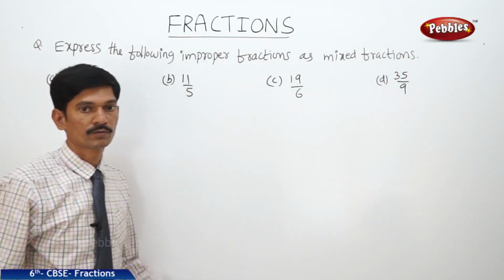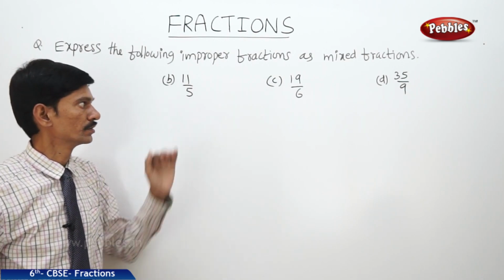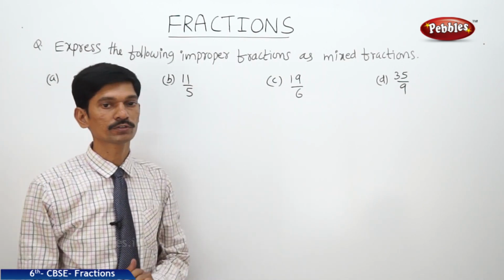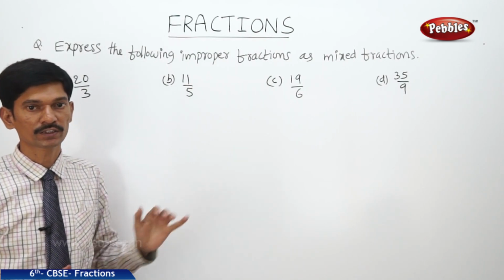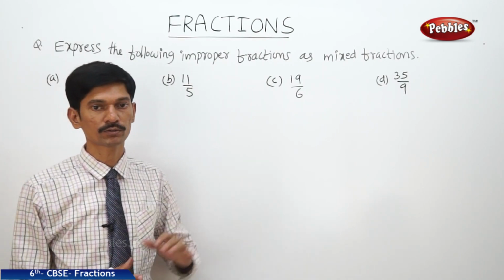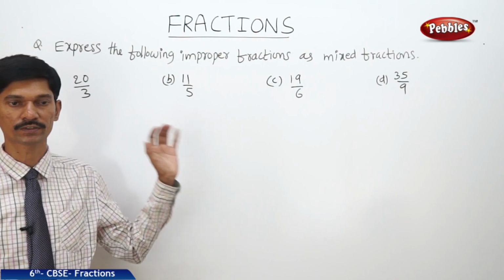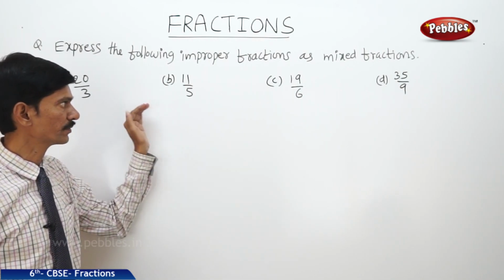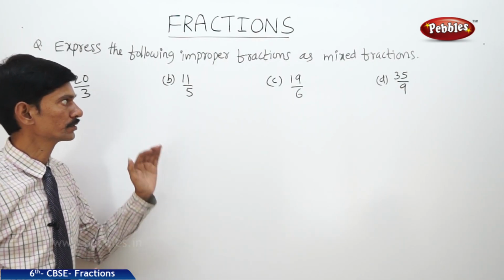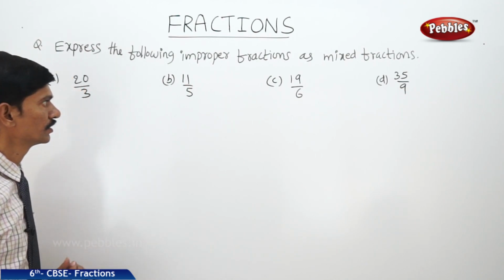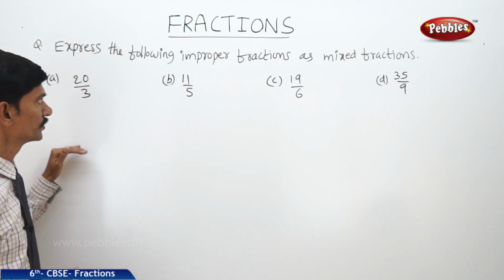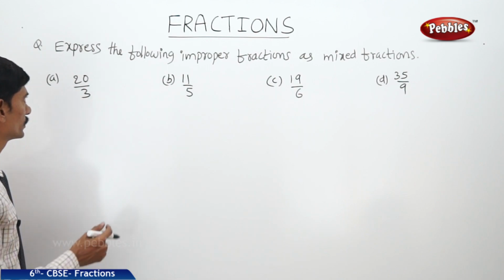So we have already learnt how to convert a mixed fraction into an improper fraction and how to convert an improper fraction into a mixed fraction. So here the improper fractions are given. We have to convert them into mixed fractions. So the first one is 20/3.